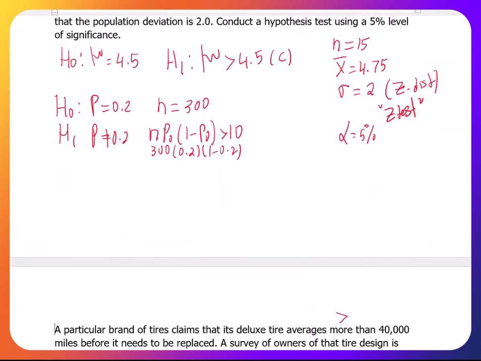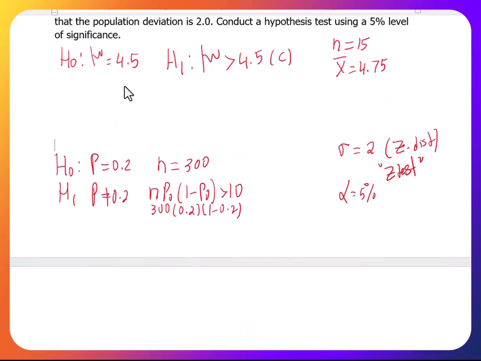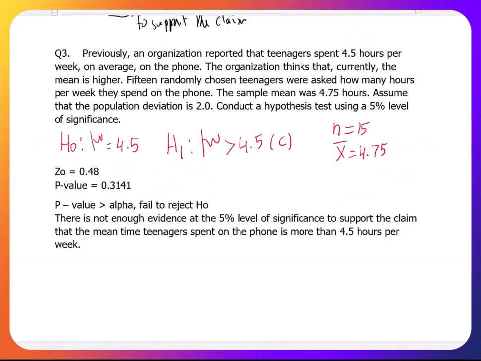I'm just gonna go back. So we got the Z, which is 0.48. The p-value is 0.3141.